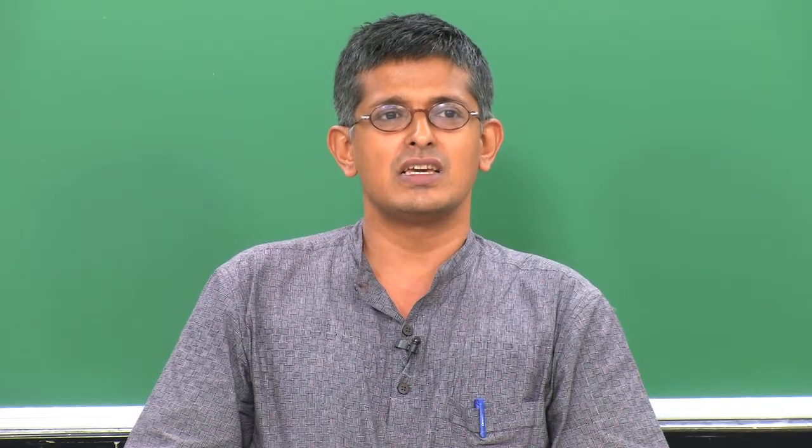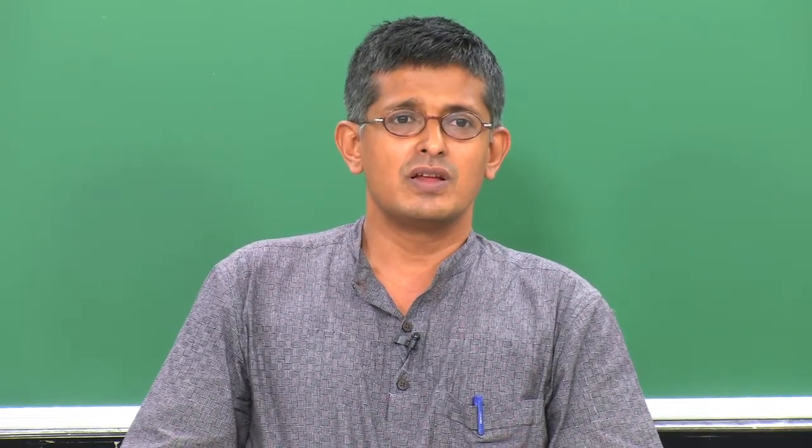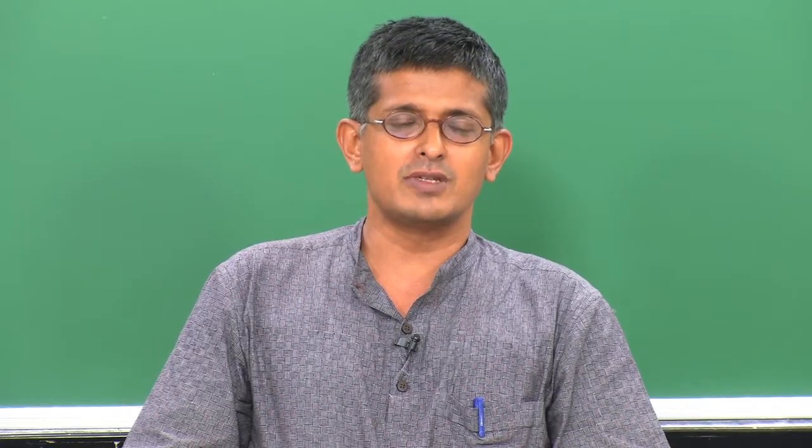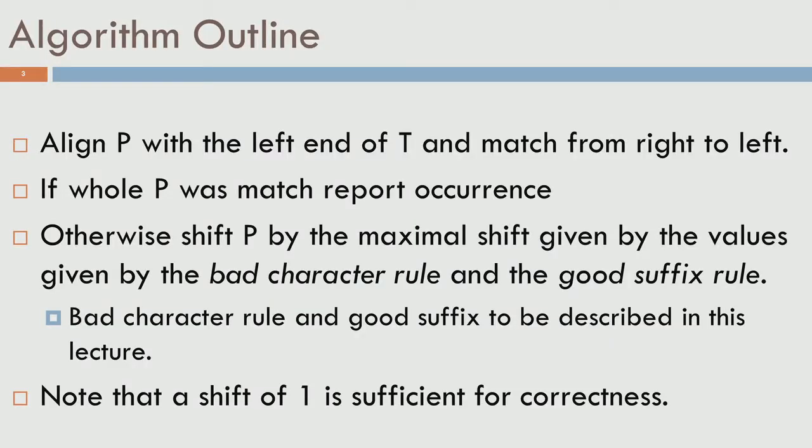You can see that it is order of m times n, because P has n letters in it. It is matched against a substring of T which also has length n. Therefore, in order n time we can check if P matches with the substring of T with which it is aligned, and P has to be shifted order of m times to the right in the worst case. Therefore, this is an order mn algorithm.